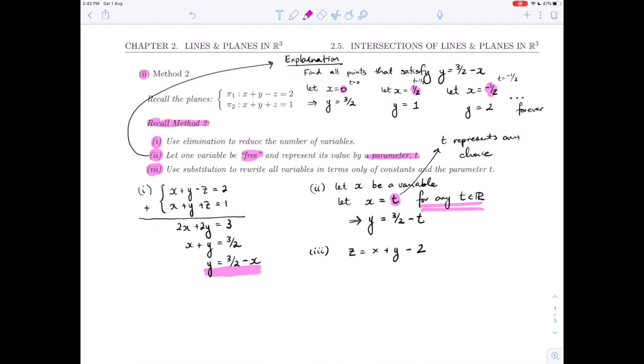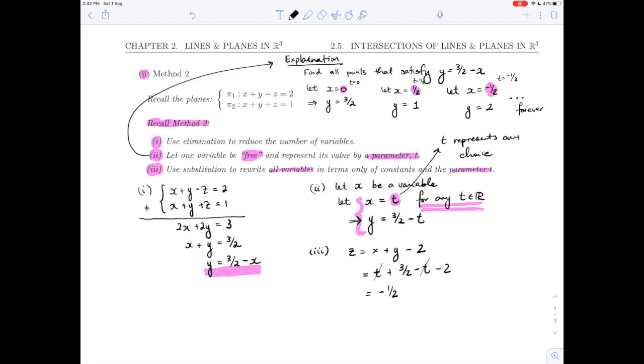Now this tells me to rewrite all variables in terms of constants and t. So I'm going to substitute in what we have up here. I know that x is t, and y is 3/2 minus t, and then we have minus 2. And so I can simplify. Those t's are going to cancel out, and then I'm going to end up with z is minus 1/2.